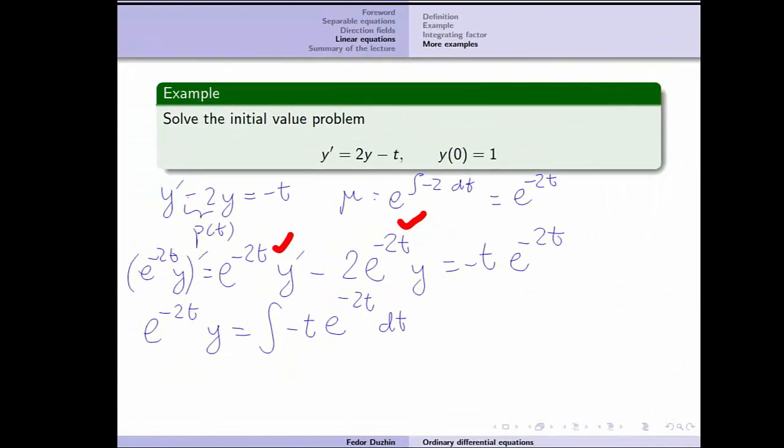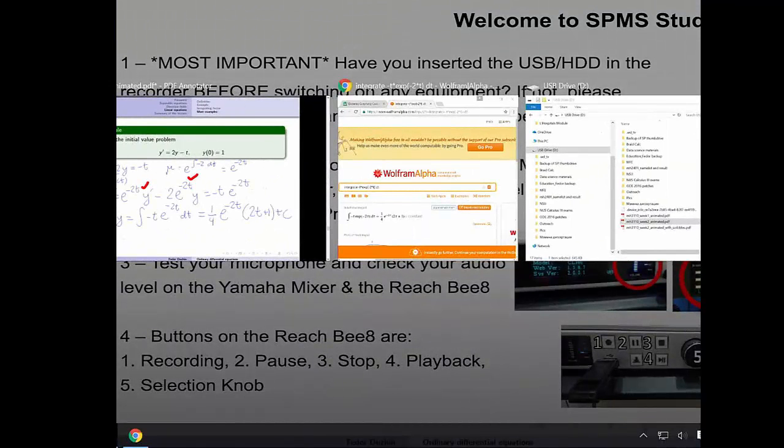Okay. So this is 1/4 times e to the minus 2t times 2t plus 1 plus constant. Correct? We check. Yeah, great.